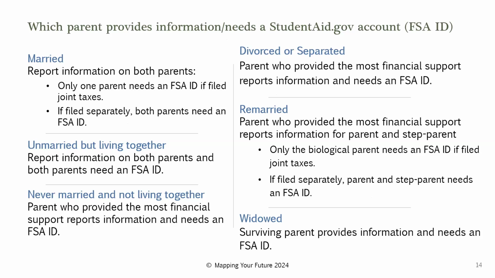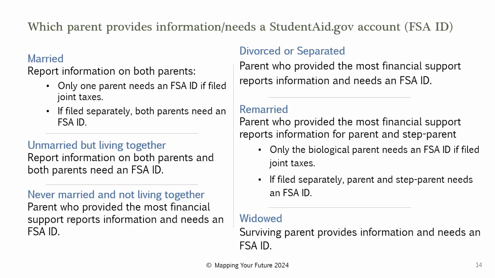If they filed separately, both parents will need an FSA ID. If your parents are unmarried but living together, you will report information on both parents, and both parents will need an FSA ID. If your parents have never been married and they're not living together, you will use information on the parent who provided the most financial support, and they will need an FSA ID.